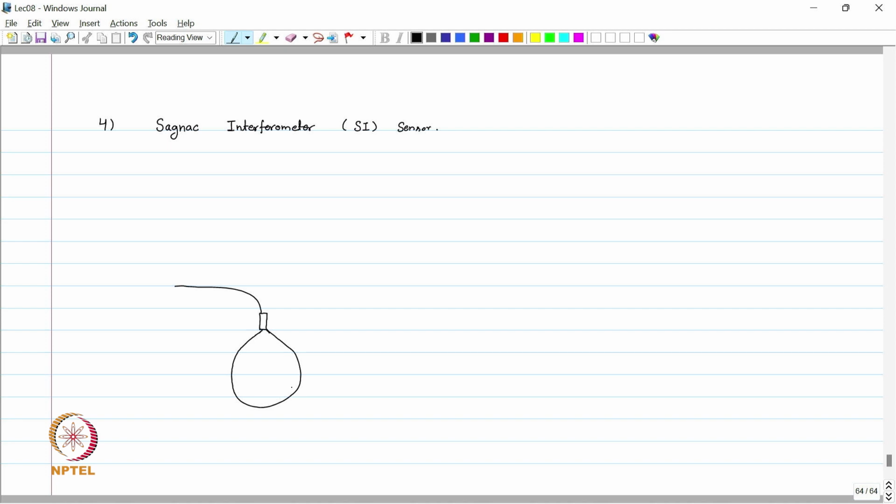In this way, this is a circular loop of fiber, and again we have a fiber going out. This is our input and this is our output. This is the 3 dB coupler.